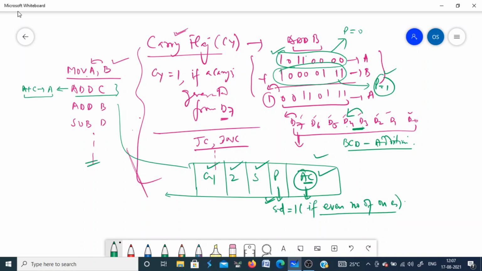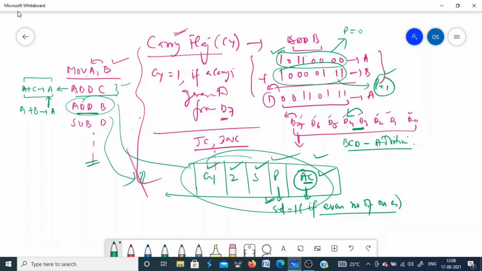Okay, coming back to this, you have written an instruction ADD C. The contents of A get added with the contents of C and the result is stored in A. Now according to the contents of A, the status of these flags will be updated. Then you write another instruction, ADD B. The contents of A will be added with B and the result again gets stored in A. Now the status of flags after this instruction will be different, so the status changes from instruction to instruction.